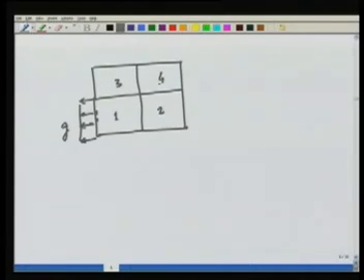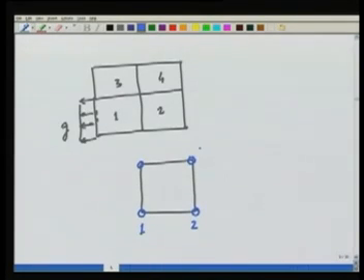So if I look at element 1, we are going to number the edges for the generic element in terms of the local nodes. These are the local nodes for element 1. This is going to be my edge 1, this is edge 2, this is edge 3 and edge 4.